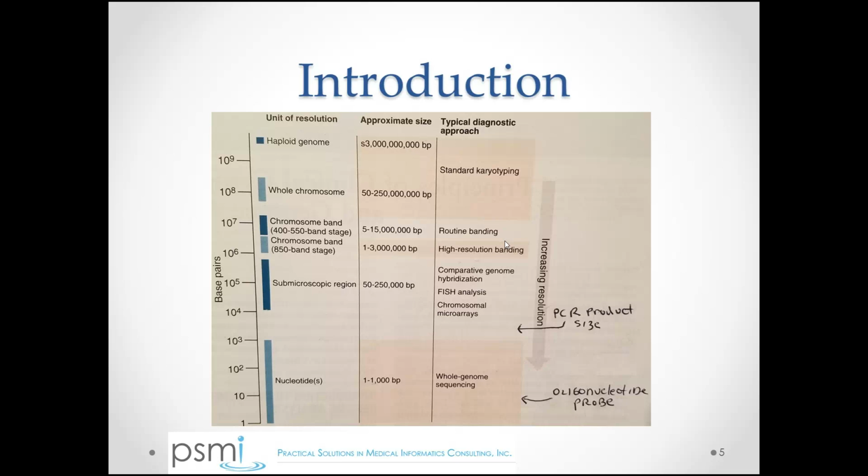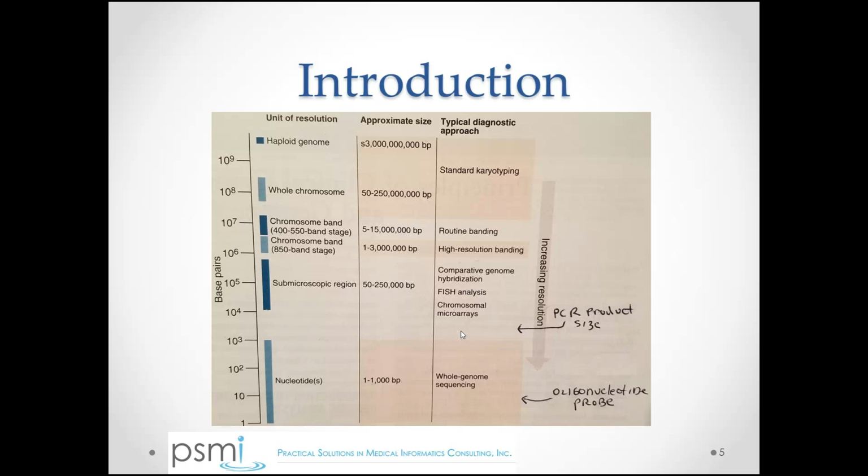You get into this kind of intermediate range where we have DNA chip technology or chromosome microarrays. You have this other technology, FISH, which we're going to look at, which is somewhere in between its resolution capabilities between standard karyotyping and chromosomal microarrays.